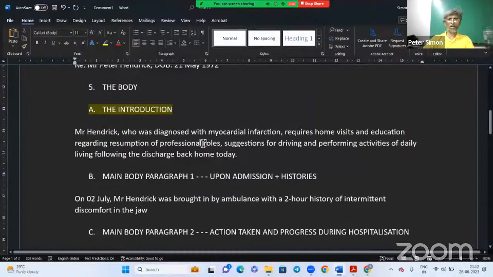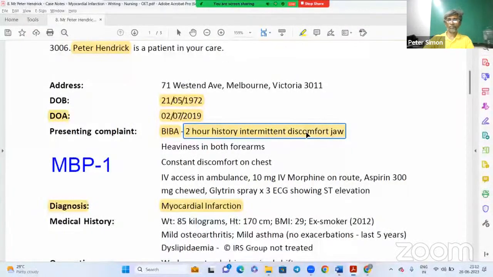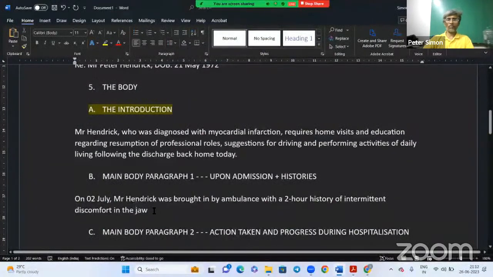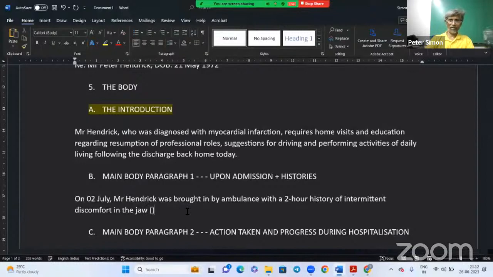Which jaw, upper jaw or lower jaw? We don't know here. There's a little confusion here. We have 2 jaws, lower jaw and upper jaw. So that was not clear here. So in the jaw, which jaw? There is a question here. It's a doubtful case. It's not very clear. Which jaw, right or left? We have a doubt here.